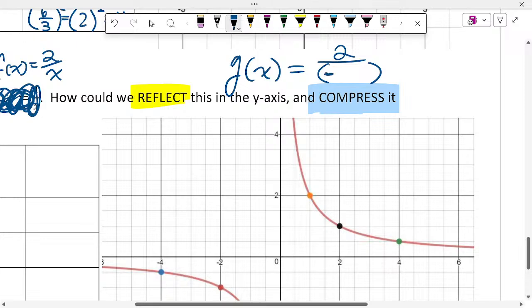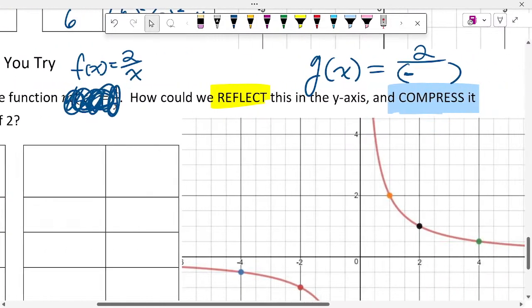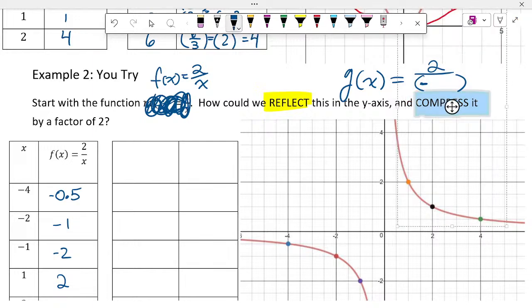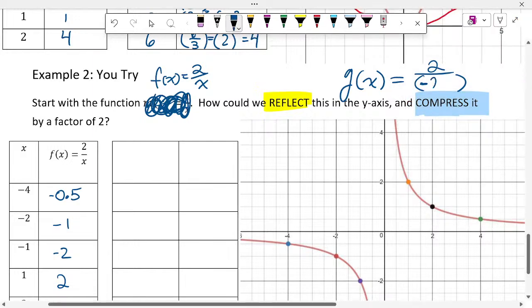And then we also want to compress it by a factor of 2. Now you'd think when you're compressing it by a factor of 2 that you would divide all the x's, right? But what do we know about our x's? They lie to us. So we're actually going to multiply by 2. So we're going to say negative 2x in the bracket. Does that make sense? 2 over negative 2x.